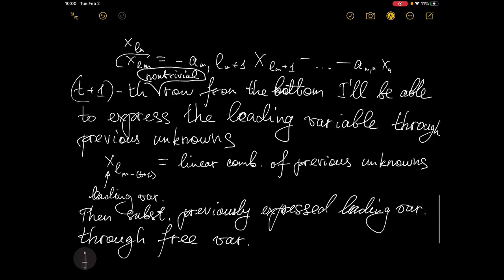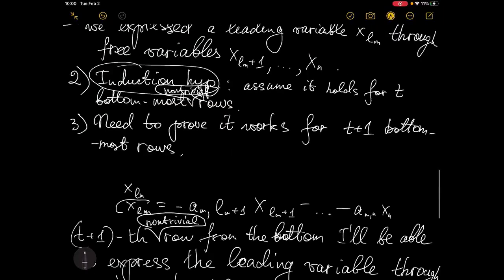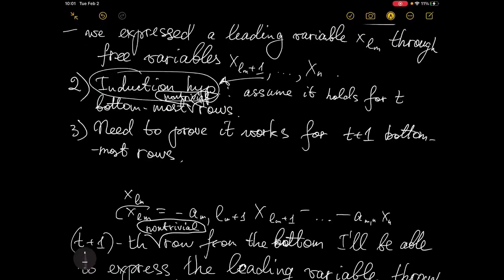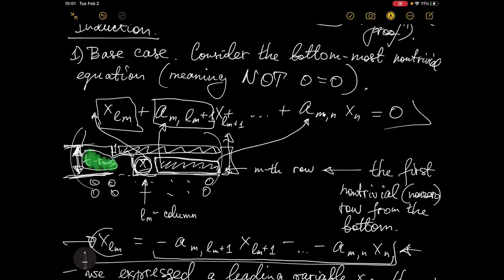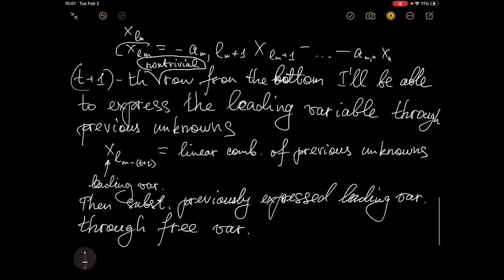Because according to the induction hypothesis, we said that we can express the leading variables through free variables. Okay, next equation, which is one step upper. For example, here, it contains only previously considered unknowns. Instead of leading unknowns, I substitute the previous expressions of leading unknowns through free variables. And then I'm getting that I can again express my leading variable through free variables. End of the proof.